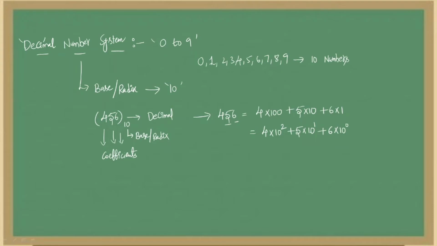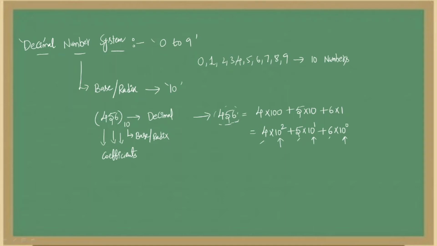So I am expressing a number in a decimal number system as the summation of the product of coefficients and the powers of 10. These are the powers of 10 in a descending order, whereas 4, 5 and 6 are coefficients.